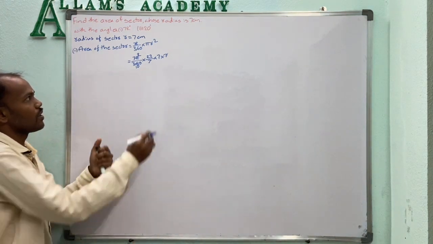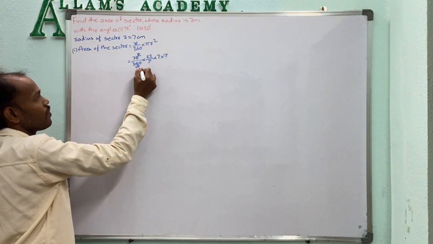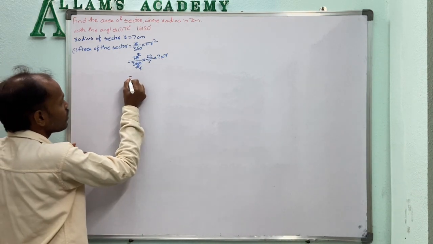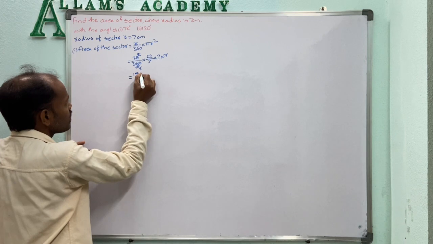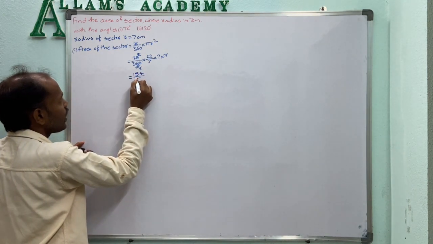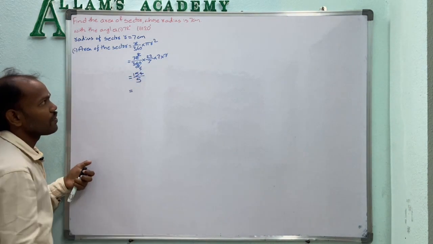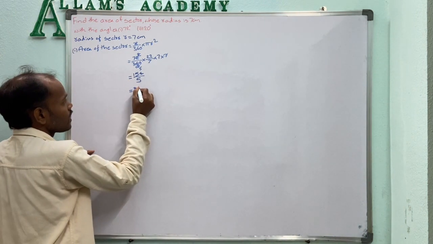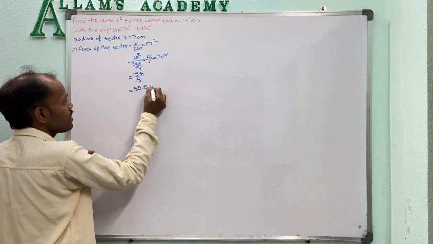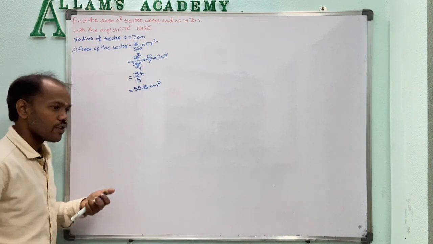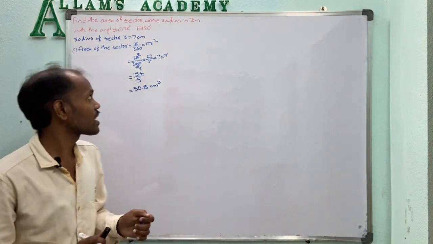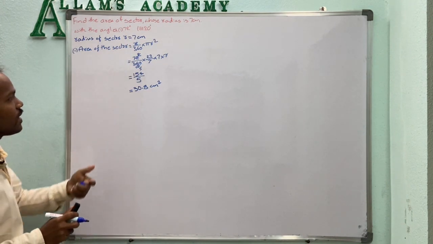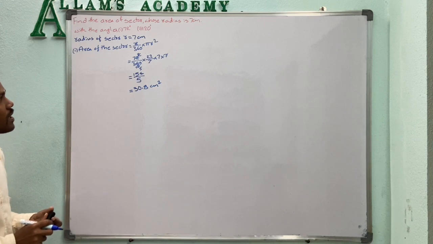So 10 2. Next 2 ones 2, 5s. 22 into 7 equals 154. So 154 by 5, that is nothing but 30.8 centimeter square. So the area of the sector when it is 72 degrees is 30.8 centimeter square.